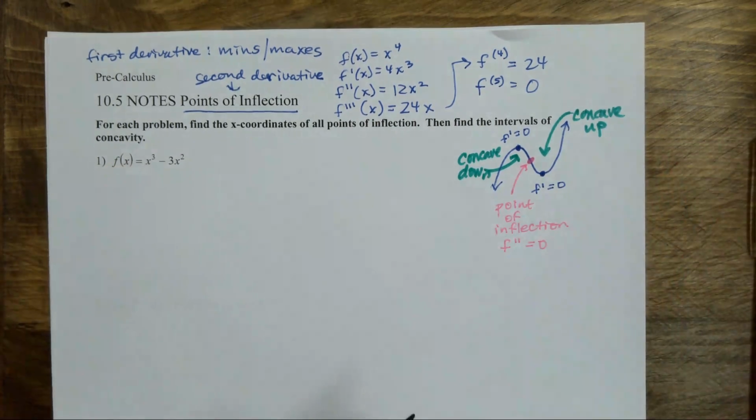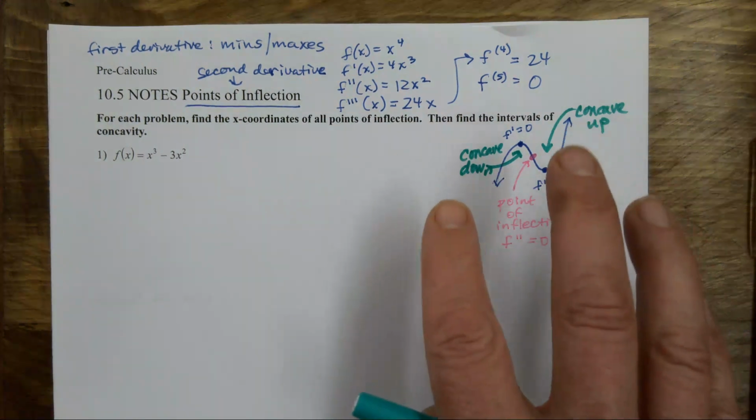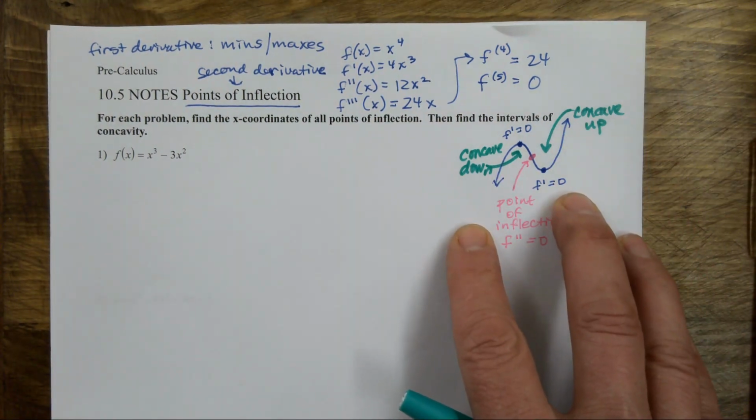And so when we talk about concavity, concave up or concave down, I just interpret that as an interval. From the far left up until that point of inflection, it is concave down, and then from that point of inflection all the way to the far right, it is concave up. And so our answer is not going to be a point, it's going to be an interval.